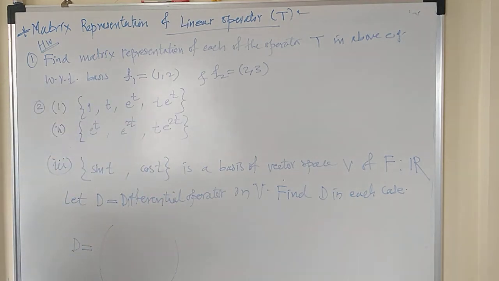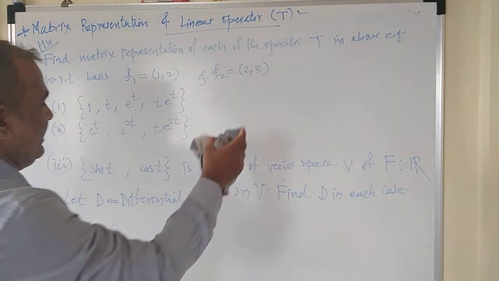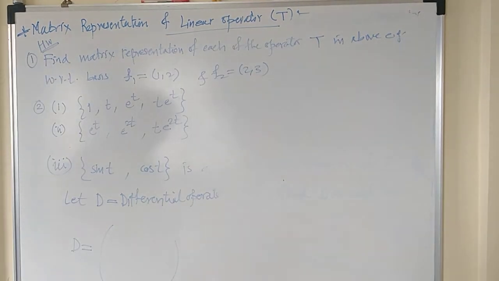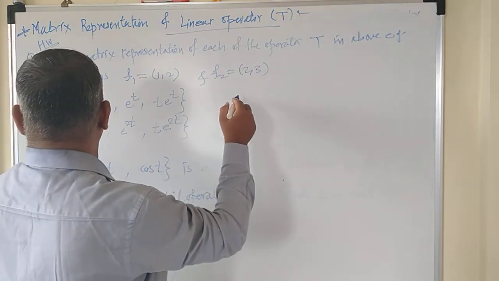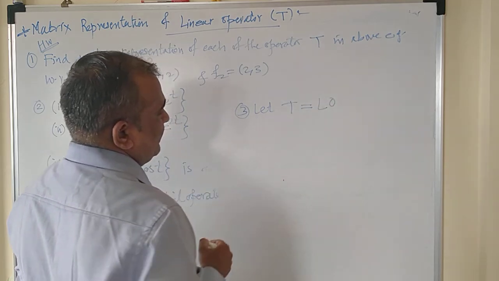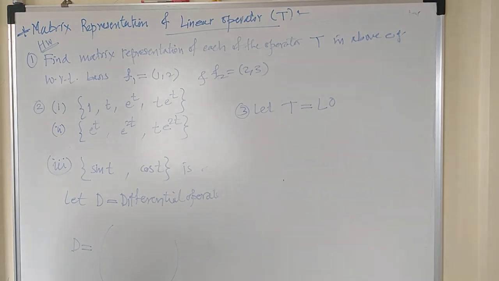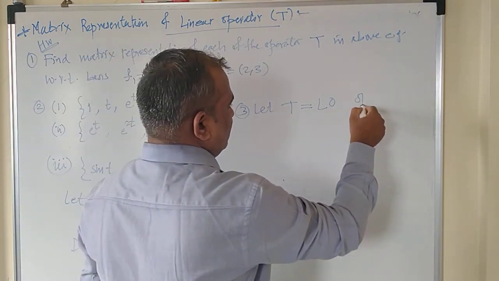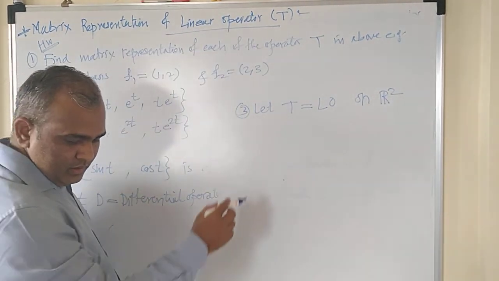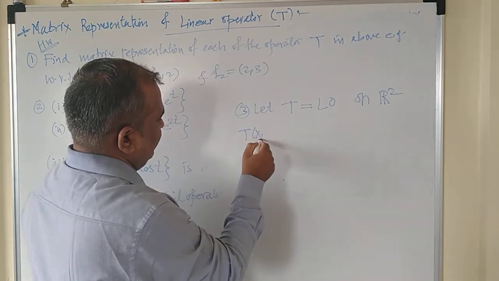And there is one more problem, right? The next problem I will write here. Let T be a linear operator on R2, and the relation of T of (x, y) is given to you.